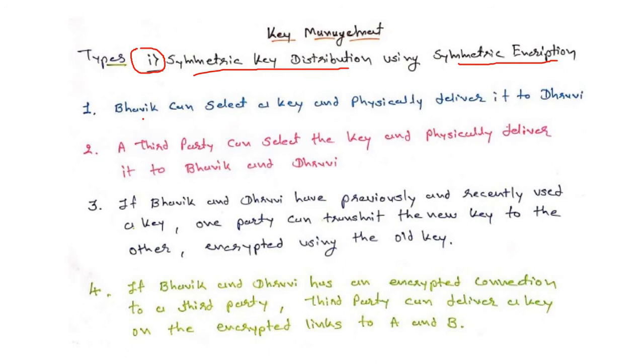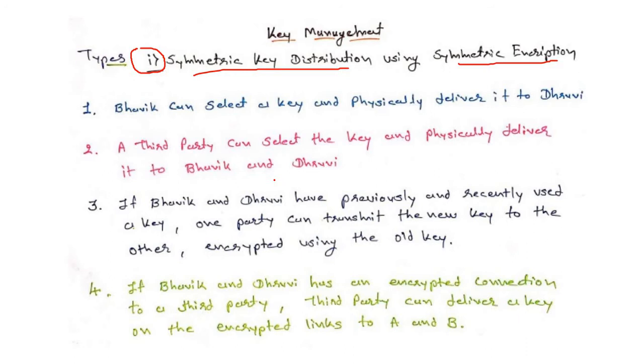Same thing in terms of network security fundamentals. Either member can select a key and physically deliver it to the other member if there is a single key. That is the first case. Another case: a third party can select the key and physically deliver it to Bhavik and Dhruvi. Suppose we are 2 members and both are going to different places, so it is not pre-decided who will arrive first and who will open the home.